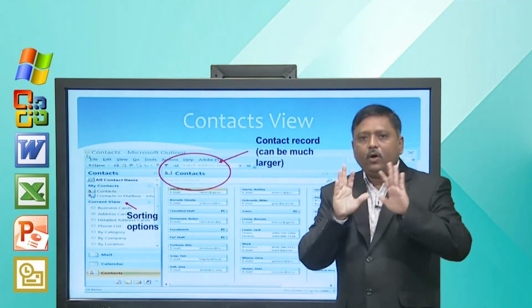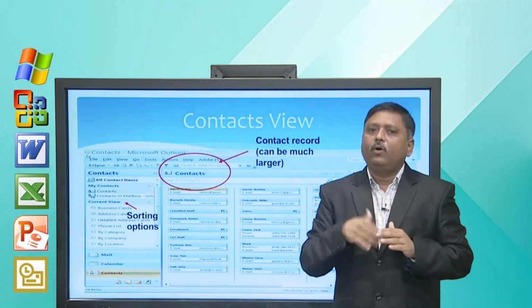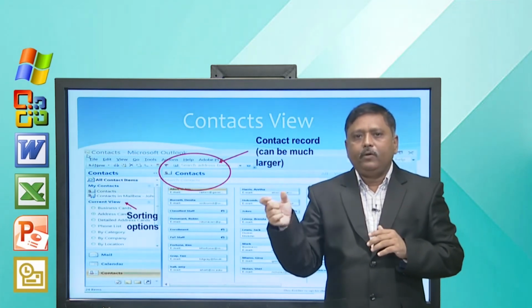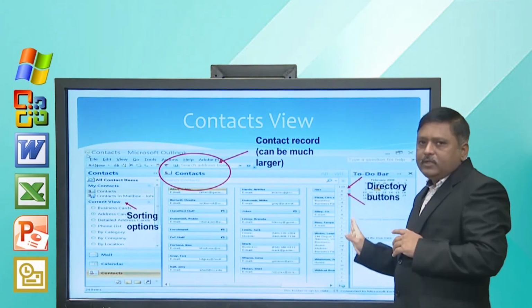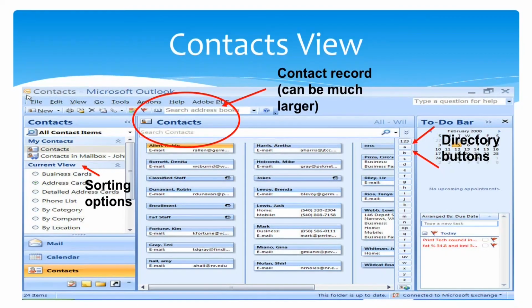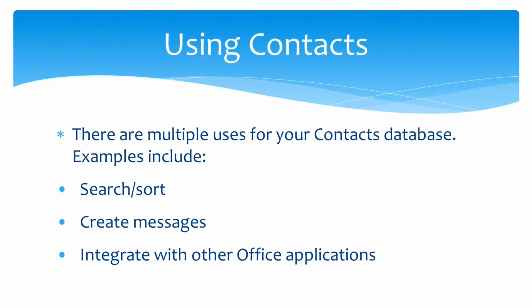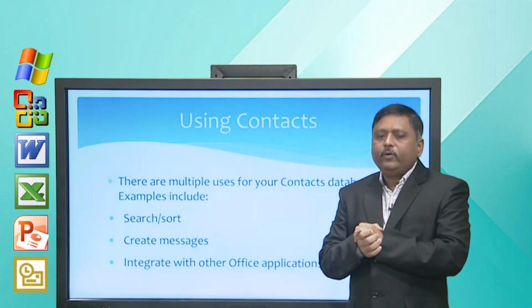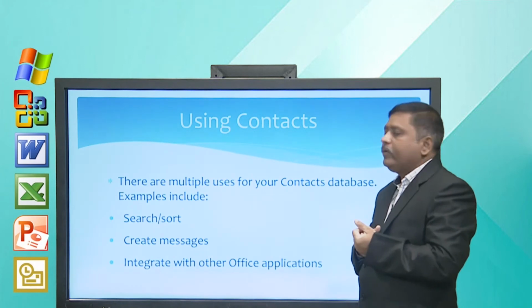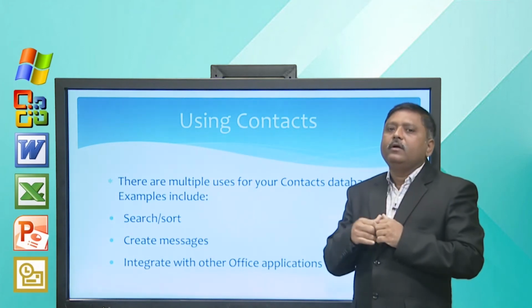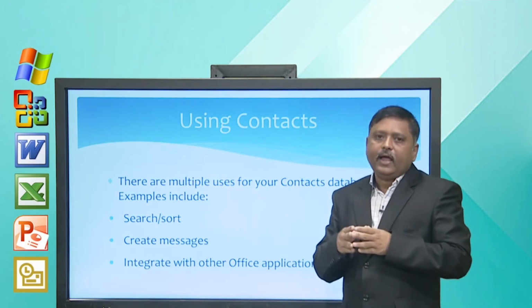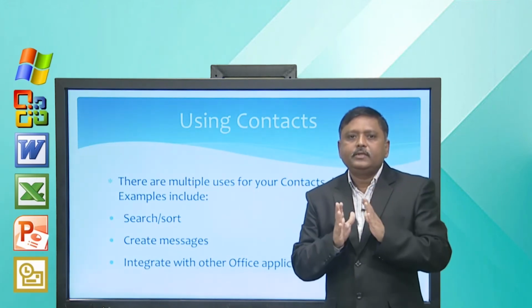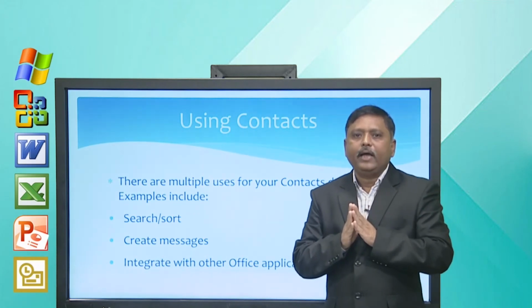So, you can not only create contacts, but you can also find a particular contact with the help of Find, and you can also search them alphabetically. So, this is how we can manage contacts. Now, what are the facilities that are available with contacts? You can search or sort contacts, you can create a message to a particular contact or integrate with other Office applications. So, this is how we can manage contacts in Microsoft Outlook.